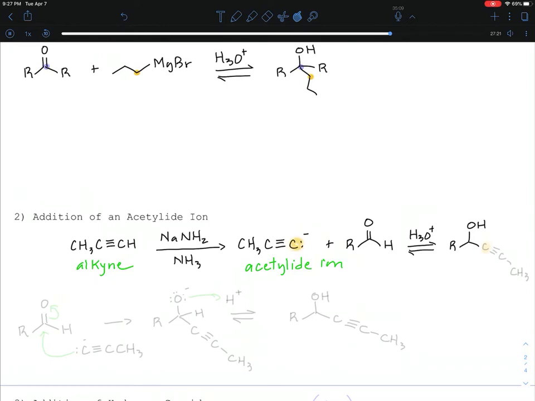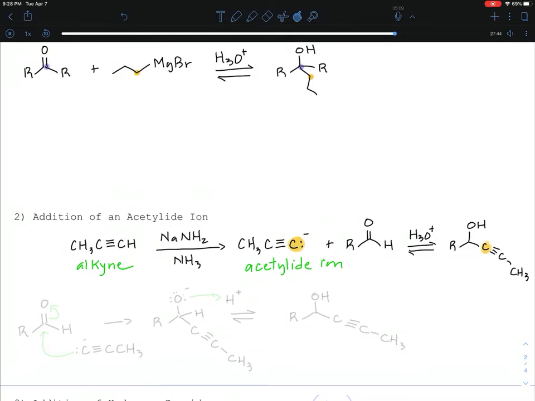Here's the nucleophile. So I'll draw that in, that carbon, and that right there was the nucleophilic carbon.